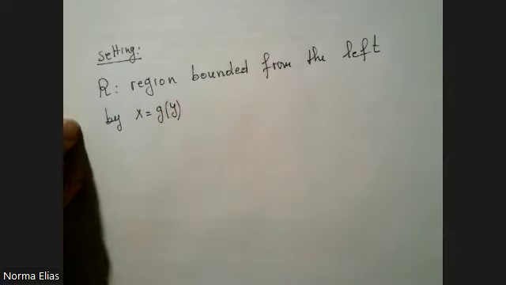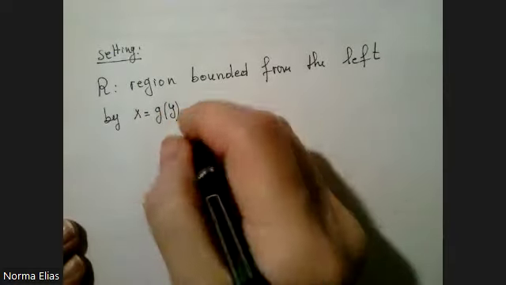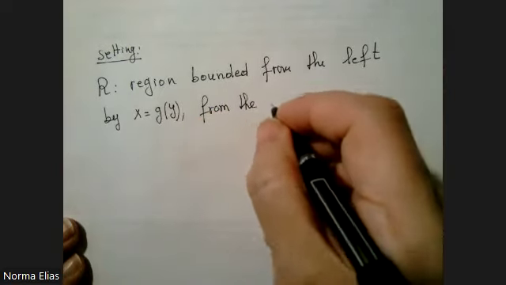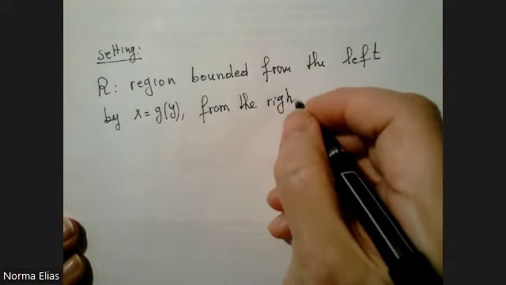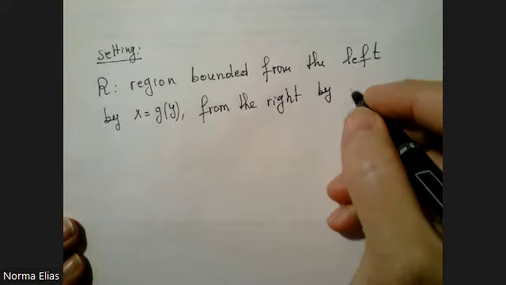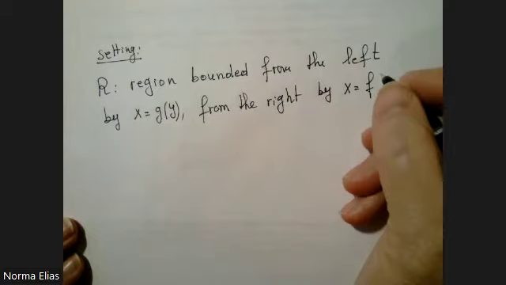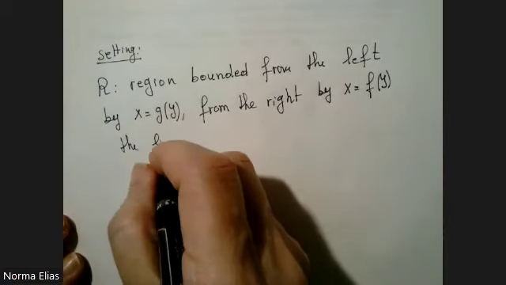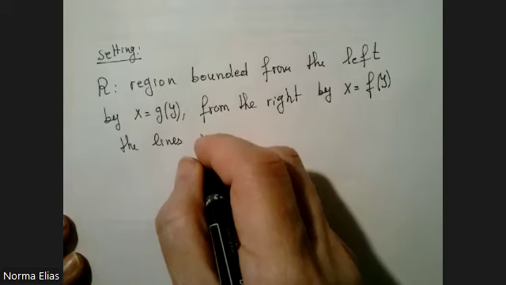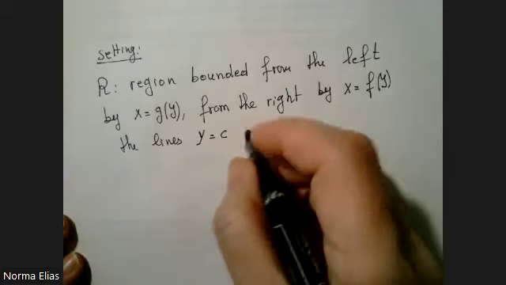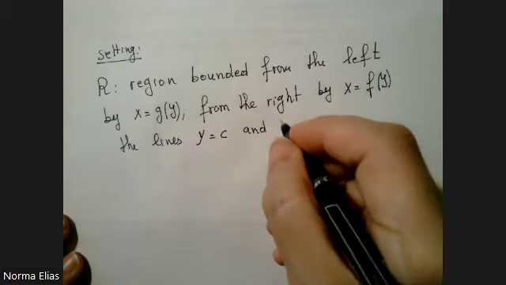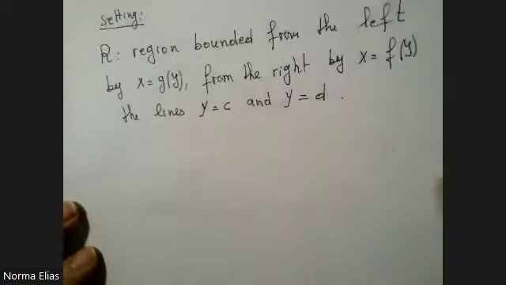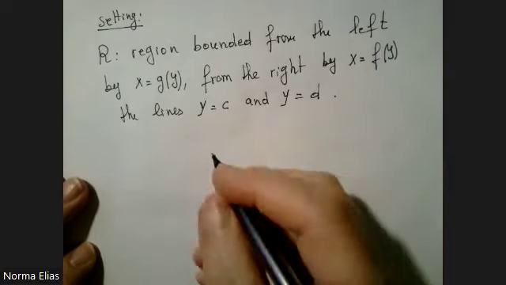So this time I'm giving you x as a function of y. From the right, by x equal f of y. And the lines y equal to c and y equal to d. So the picture in my mind is the following.